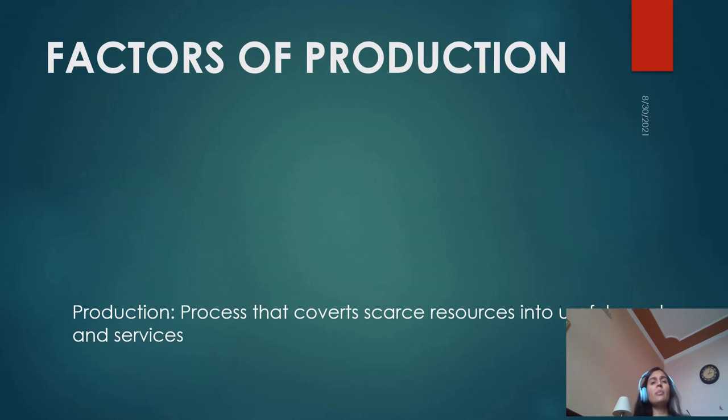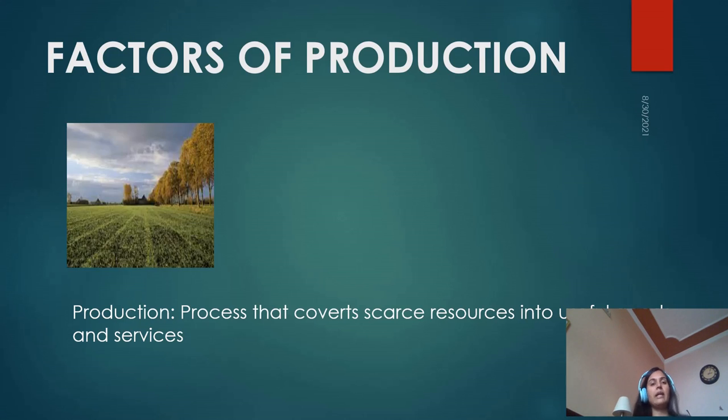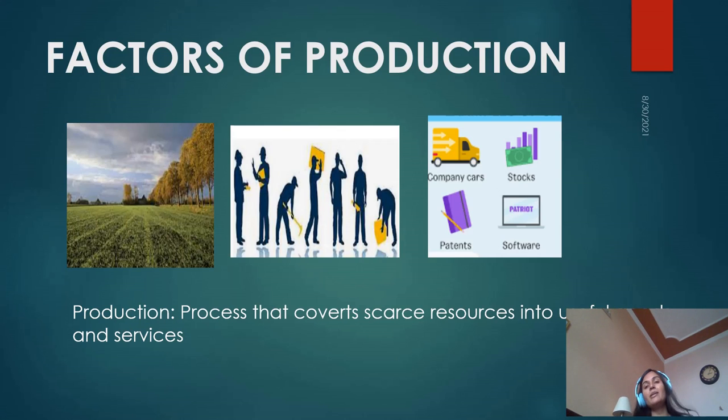Now, in economic terms, the factors of production is a very important concept. What are the factors of production? Land, labor, and capital. We know about land, and we know about labor, that is, the people working to convert the inputs into a finished product. And the capital we learned in the previous slide.